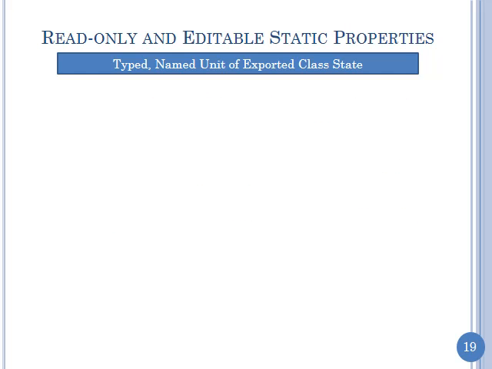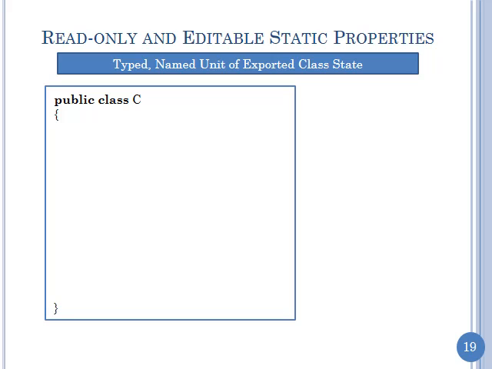Like a variable, a property is a named unit of state. Like a variable, it has a type. And it is defined in some class C. Okay?